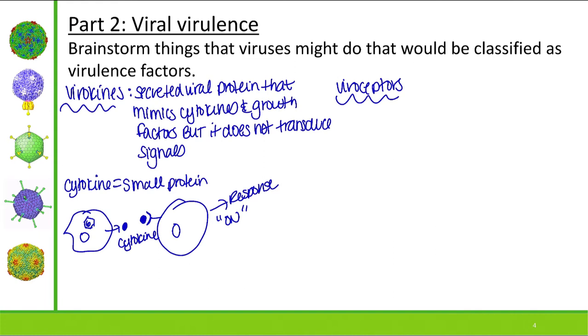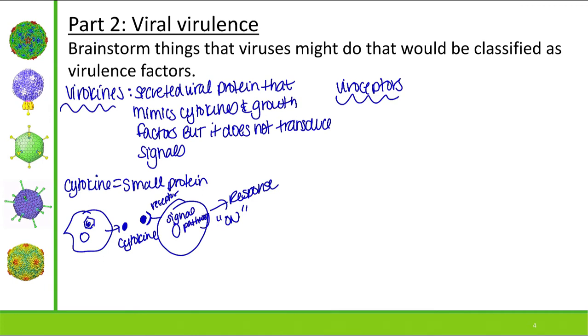So what a virus does is it actually encodes for proteins that, instead of the cytokine binding the receptor, here's that receptor, let's add a signal pathway here.